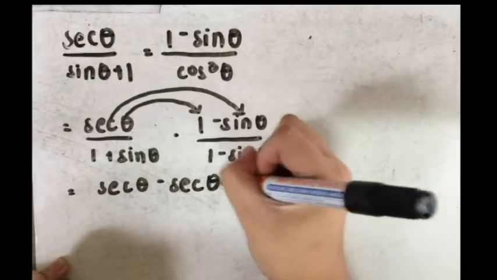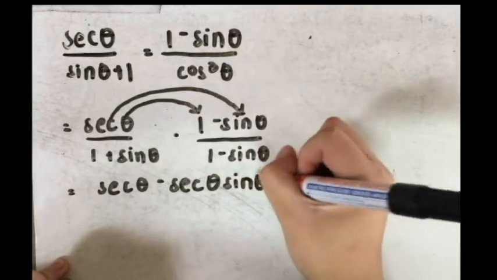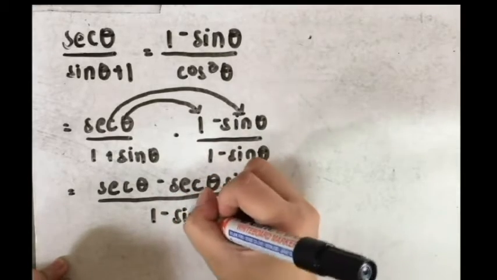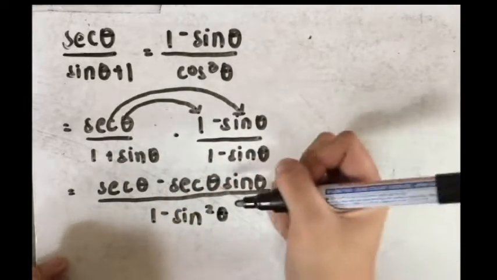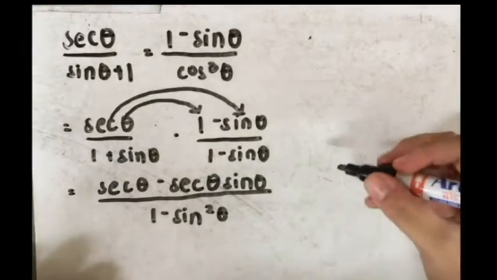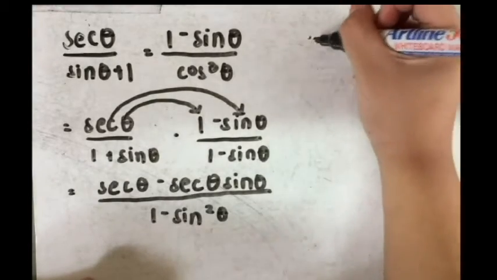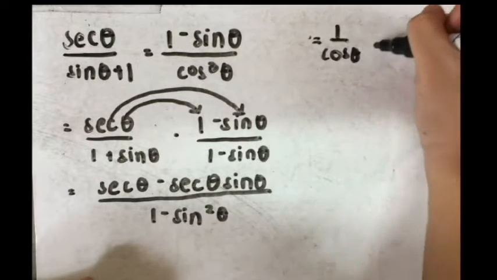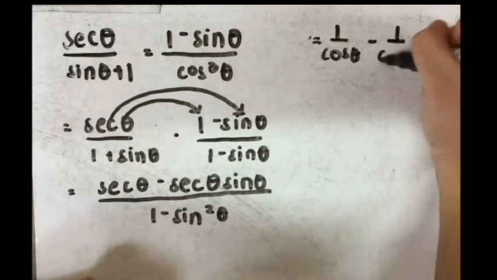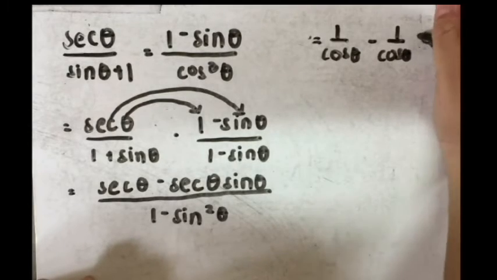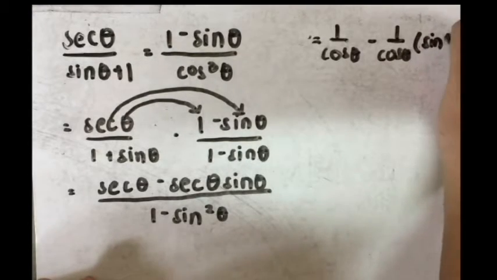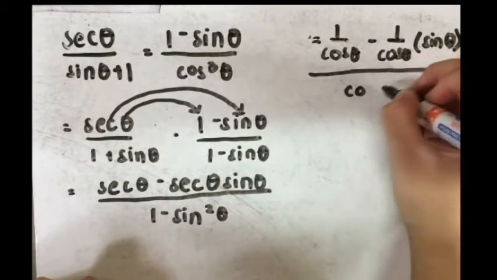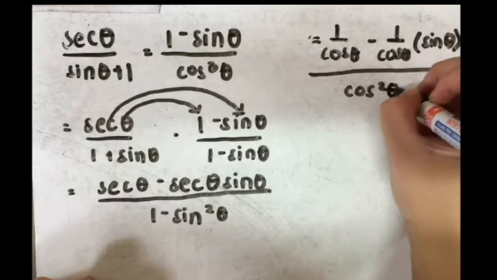It will now be secant theta minus secant theta sin theta over 1 minus sin squared theta. Get the reciprocal identity of secant, which is 1 over cos theta, then subtract it with 1 minus cos theta times sin theta all over cos squared theta.